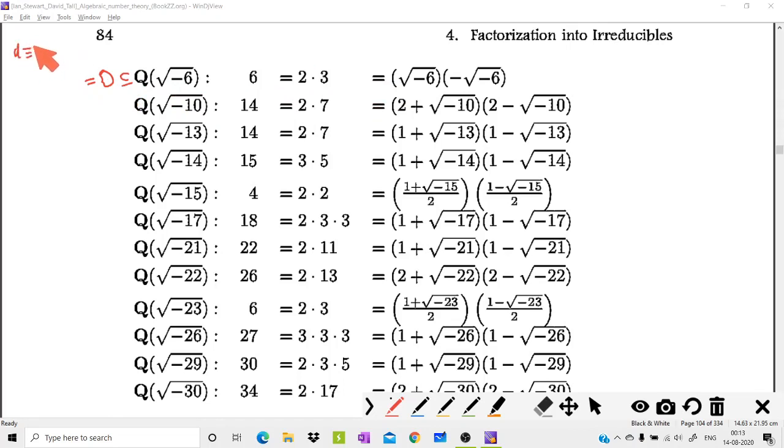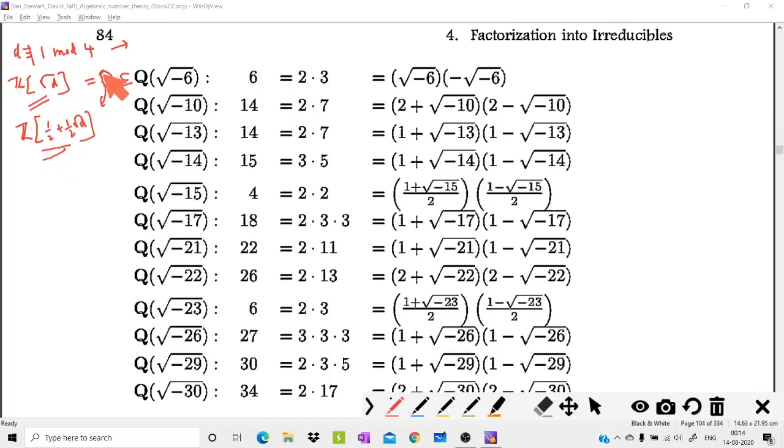If D is not congruent to 1 mod 4, then the ring of integers O is Z of root D. Otherwise, if D is congruent to 1 mod 4, then this will be 1 by 2 plus 1 by 2 root D. This is the classification of the ring of integers.